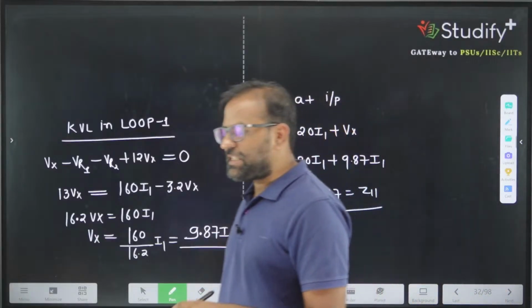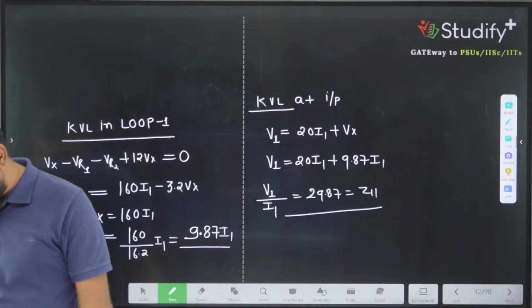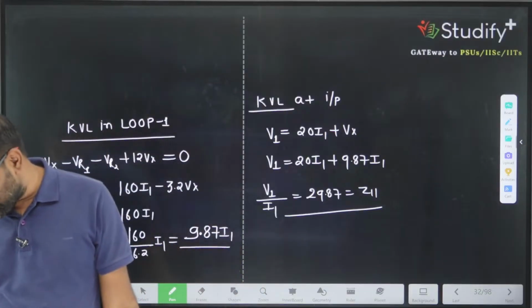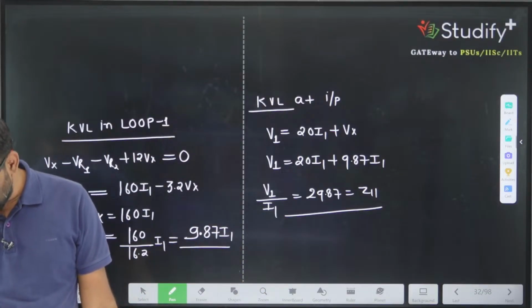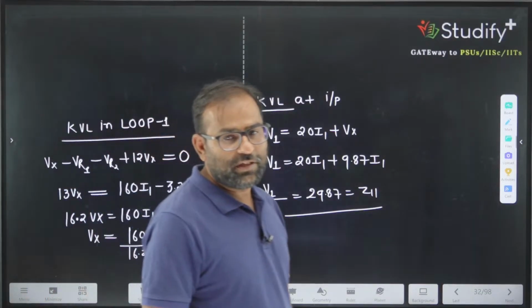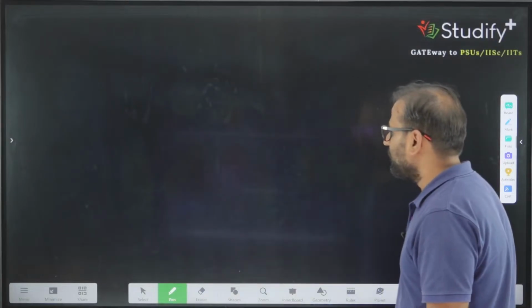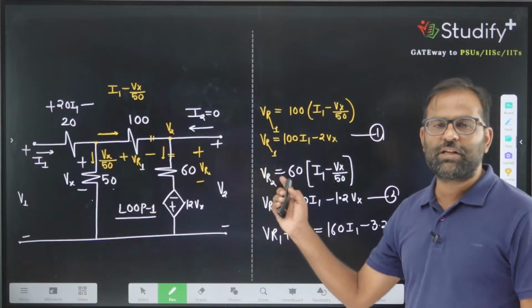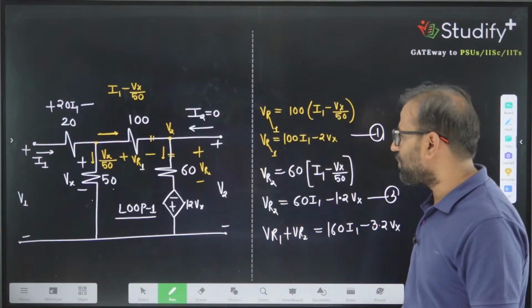Once you know the relationship between the dependent source and one of the known variables, you can calculate Z11. If you know Z11, we can calculate Z21 also, because by making I2 equal to 0, we have to calculate V1 and V2 in terms of I1. So what is V2?